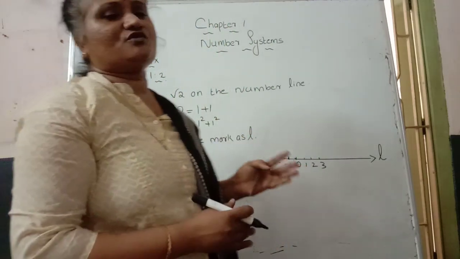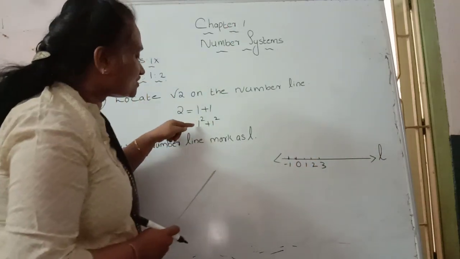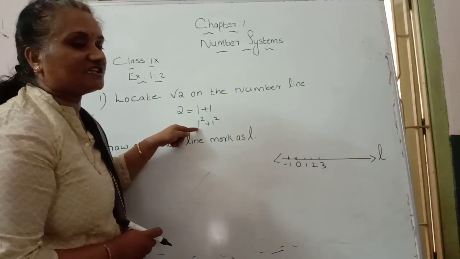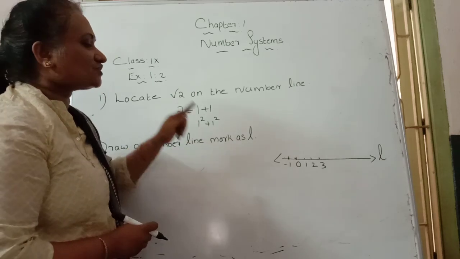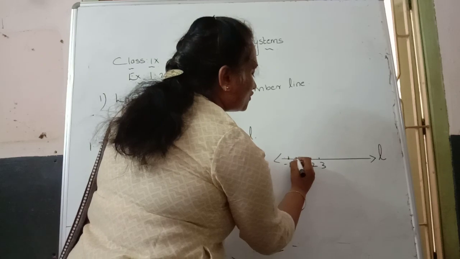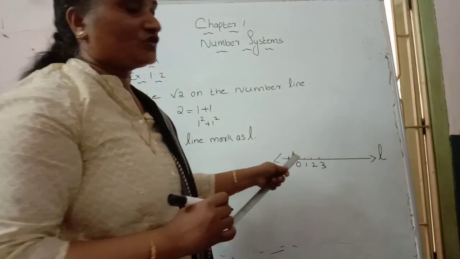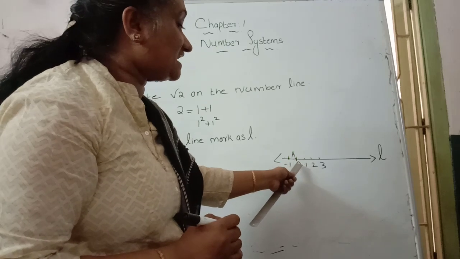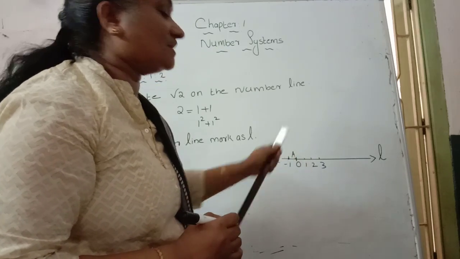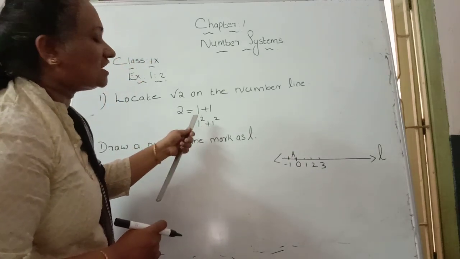Since positive values are enough, the positive side is enough. The measurement given is 1 centimeter. First give the name A to the 0 place. How much is the first measurement given? 1.